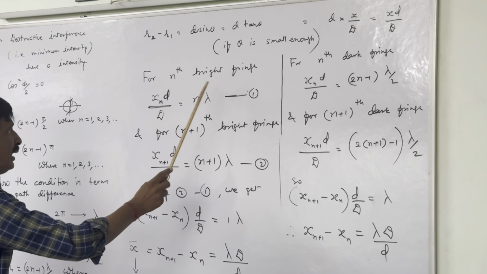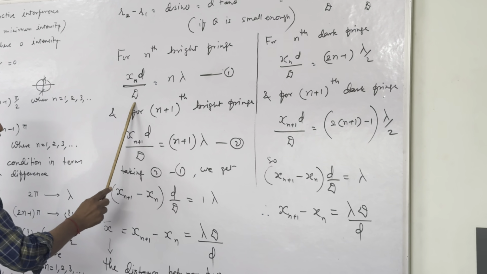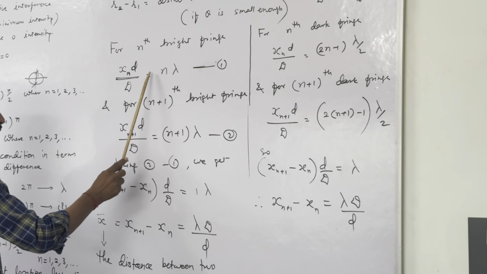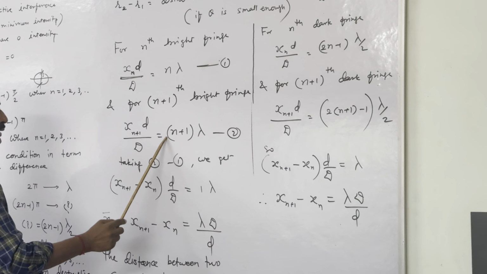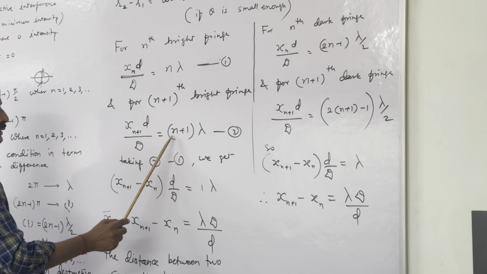So for the nth bright fringe, xn d by D is n lambda, and for the (n plus 1)th bright fringe, x(n plus 1) into d by D is (n plus 1) lambda. Subtracting result 1 from 2, we get x(n plus 1) minus xn into d by D is lambda. So x(n plus 1) minus xn equal to lambda D by d, which is called x bar, the distance between two consecutive bright fringes, and this is the distance between two dark fringes also.